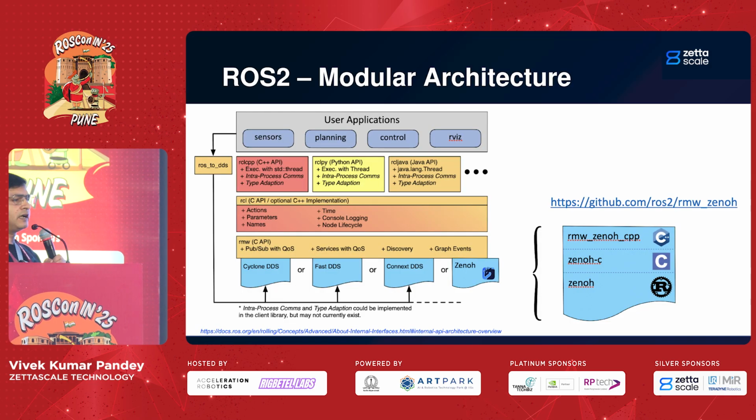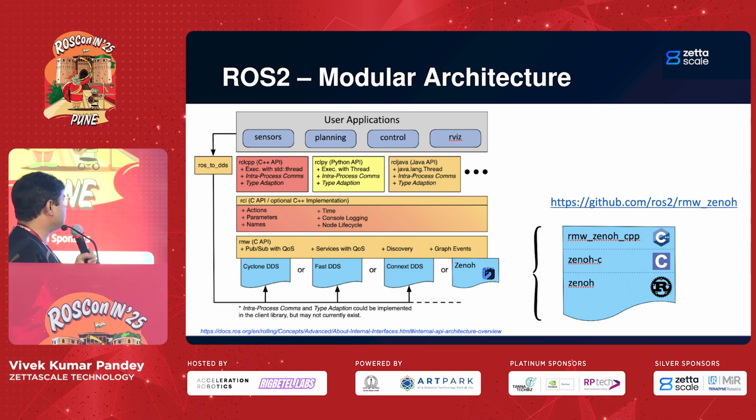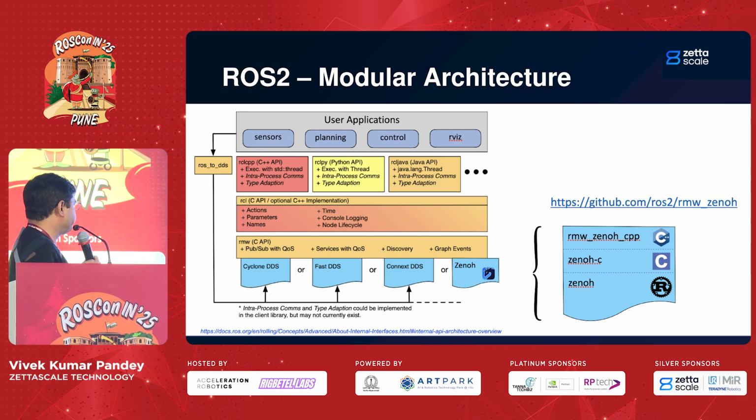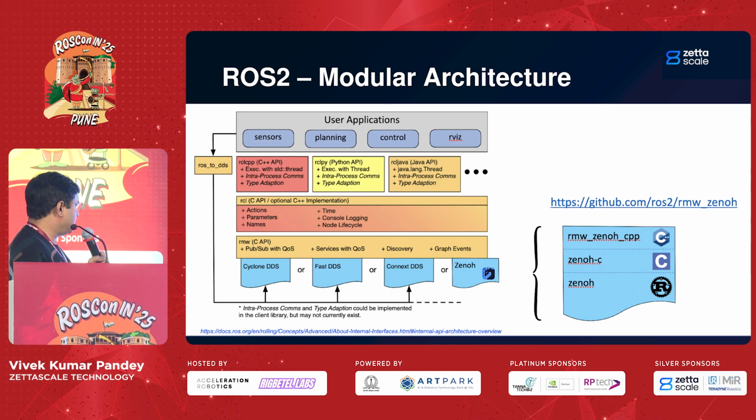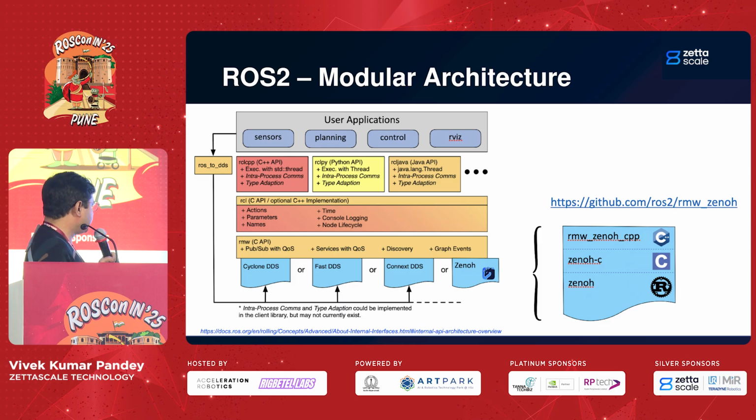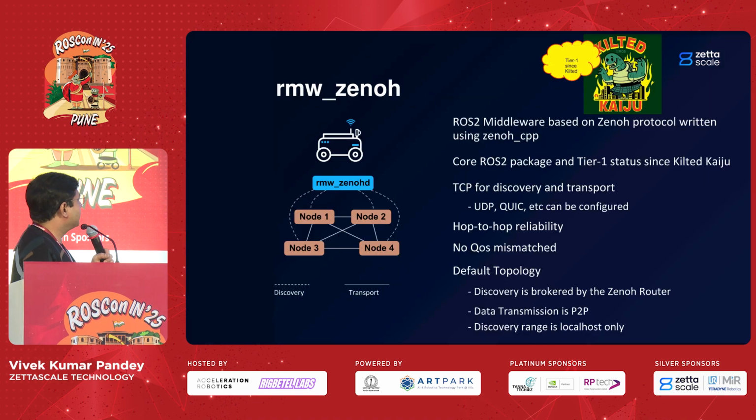ROS 2 provides a modular architecture where, for communication, the user application uses the RMW middleware wrappers. Underneath, it uses the middleware provided by, for example, Cyclone DDS, Fast DDS, and now Zenoh.